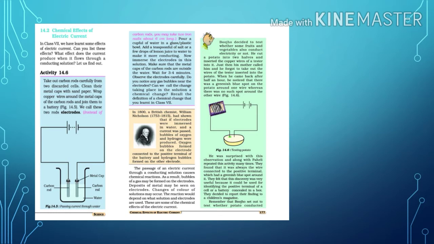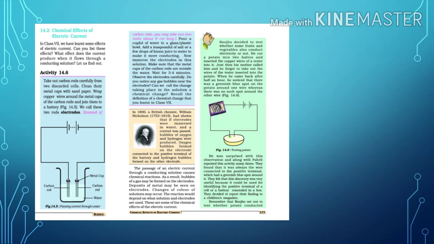In a beaker we have taken water and two carbon rods. You can see the two carbon rods with a metal cap at the top, and these are connected to the circuit with the help of a battery. These are called electrodes.